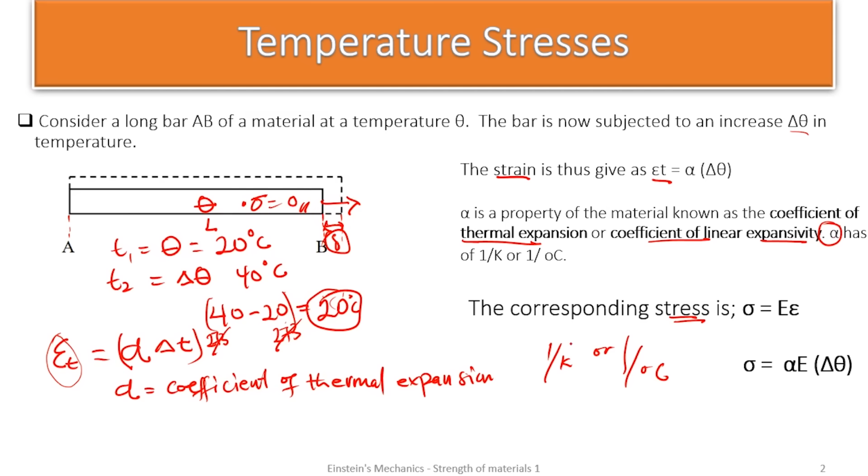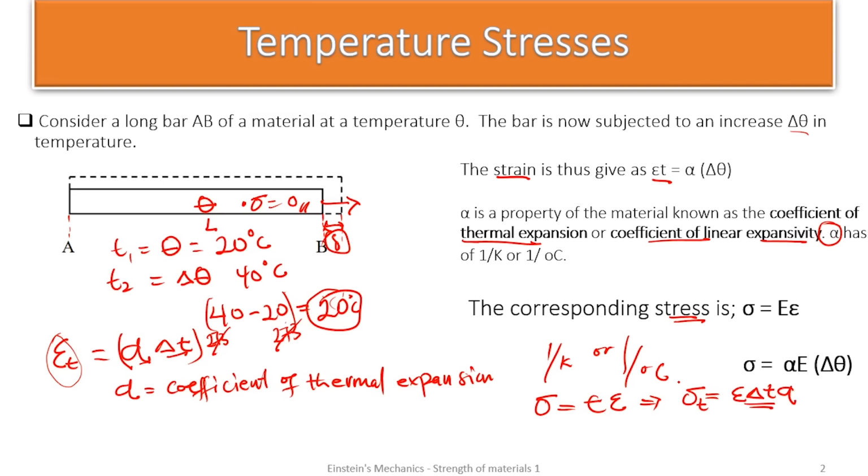So here we have the stress. From Hooke's law, we know that stress is E times the strain. But now we know the strain as coefficient of expansivity times change in temperature, which implies that our thermal stress, of course, is E times the coefficient of expansivity and the change in temperature.